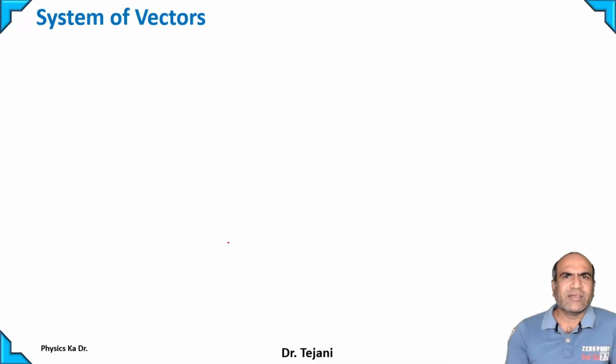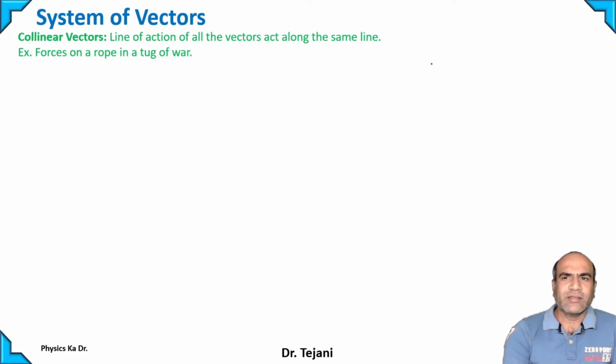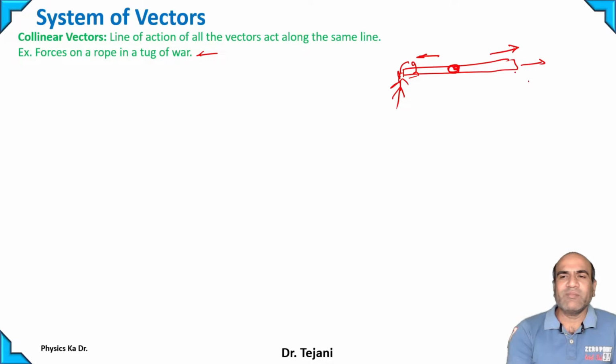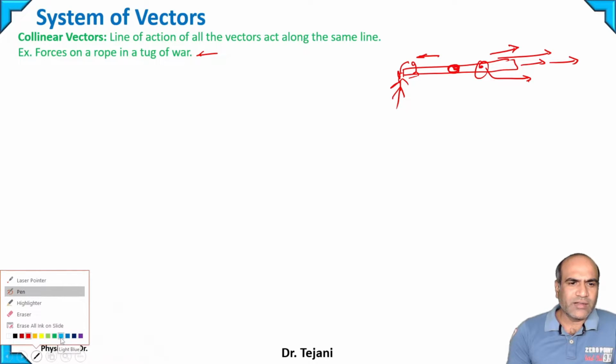Now let us understand systems of vectors by taking various examples. First we understand collinear. The lines of action of all the vectors are in the same line. The example given here is tug of war. I think you must have played tug of war, where there is a rope and on both sides a group of people pull on opposite sides. All the forces, all the hands, are in a single direction, in the direction of the rope.